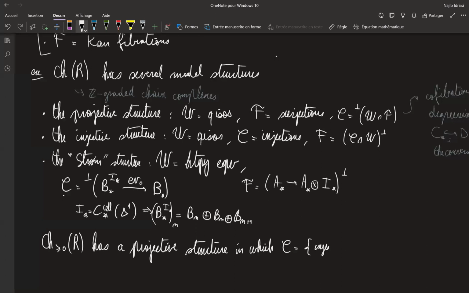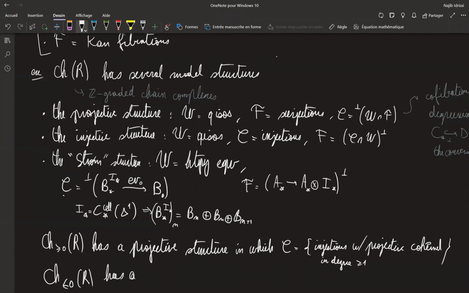They are injections with projective, hence the name, cokernel, injections in degree greater than or equal to 1. And Ch_{≤0} has an injective structure.